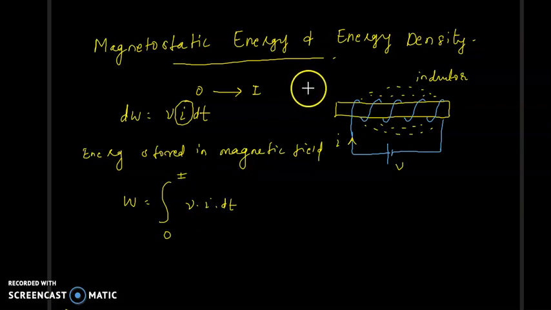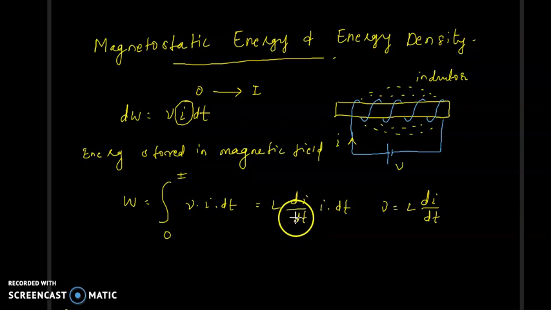We already learned in basic electrical engineering that the voltage across the inductor V is the inductor constant times di by dt. In this case, we can replace V with this expression. So L into di by dt into I dt.